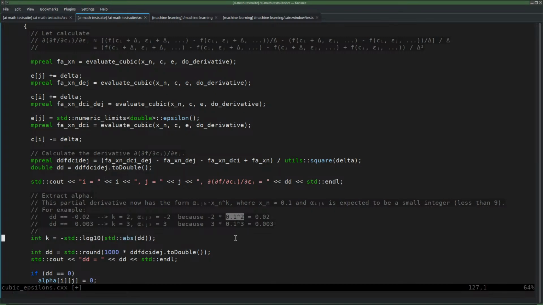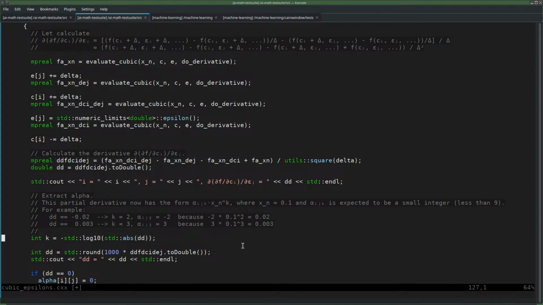And then if instead of 0.01, it was 0.1 squared, I would have a small integer multiplied with that. That would of course make the logarithm less. So I would have to take the ceiling of this. Wait a minute, the ceiling of the logarithm. Okay, the floor of the negative one.